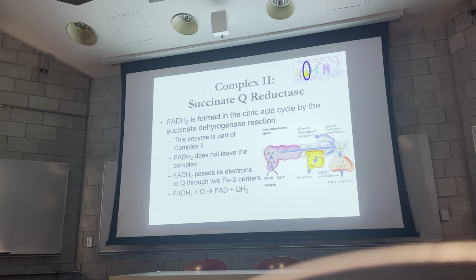And remember, we've got this conundrum of having 2 electrons to deal with, but we have a carrier that can only receive 1 electron at a time. So what happens is the 2 electrons go on different paths from QH2. 1 electron will go to cytochrome C, and another electron will go to oxidized coenzyme Q that binds in a site that is distinct from the QH2 binding site.